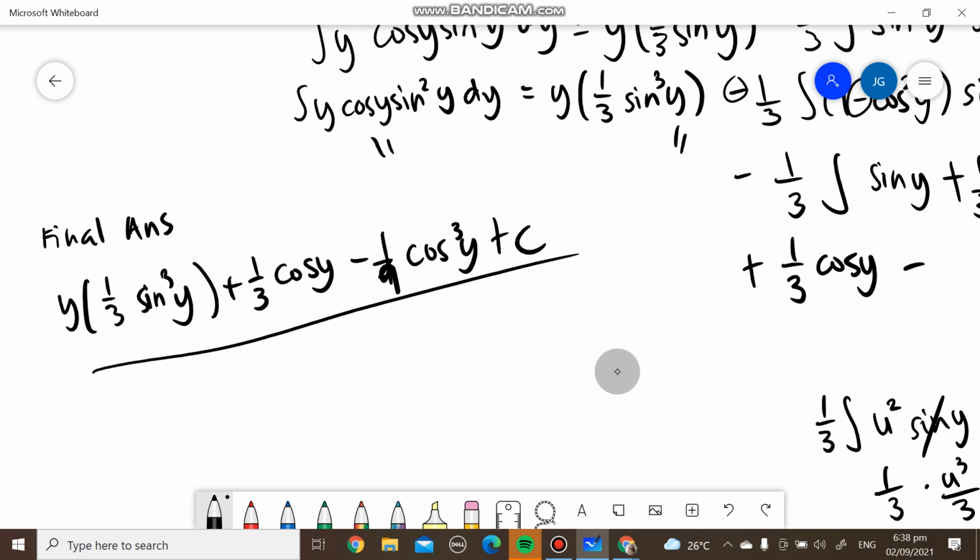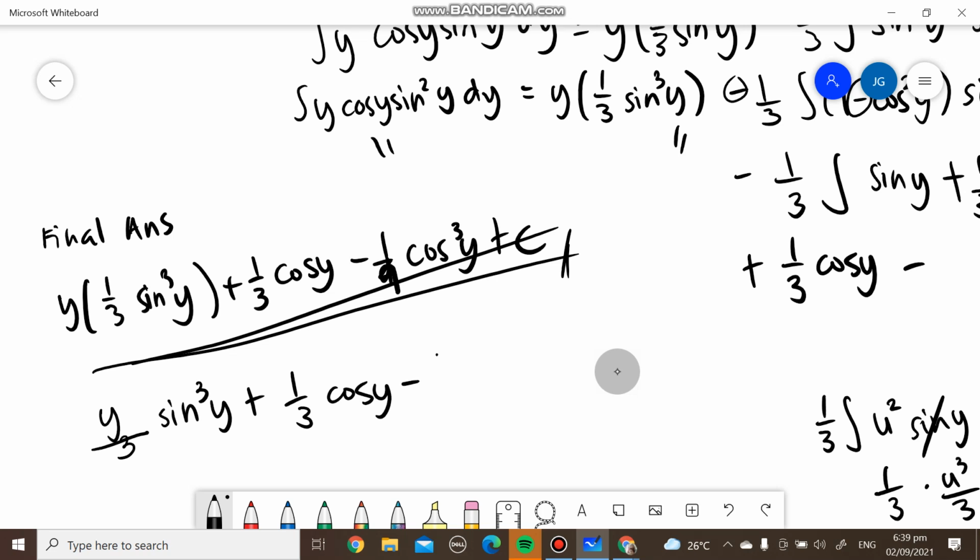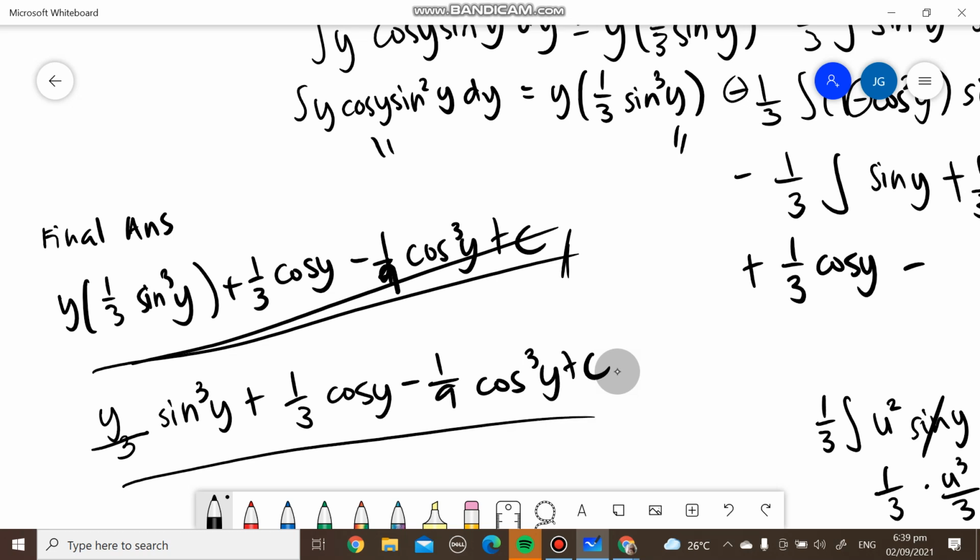So, this will be an answer. This can be an answer, but we can rewrite this as y over 3 sine cube y plus 1/3 cosine of y minus 1 over 9 cosine cube y plus c. So, this is our final answer.